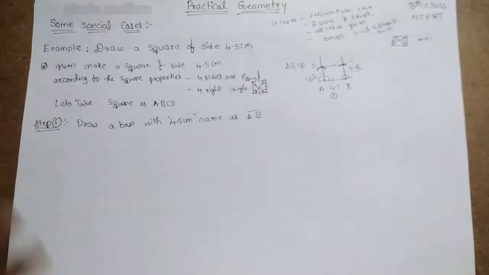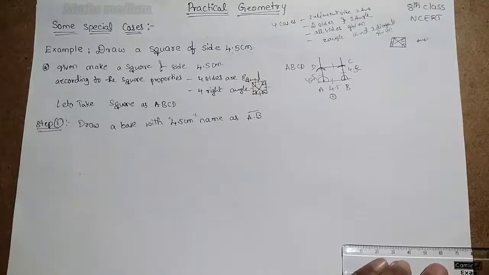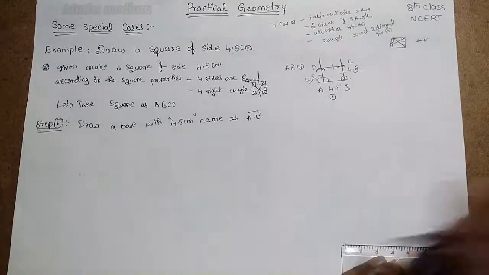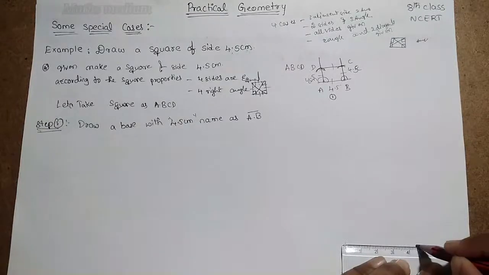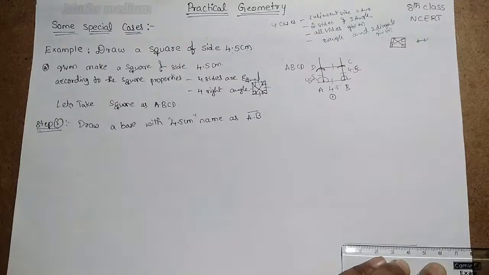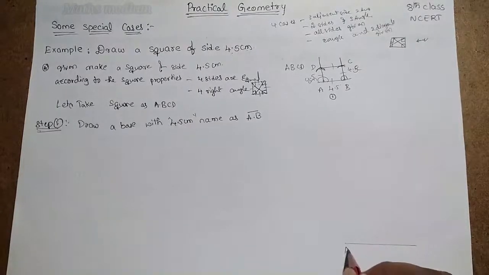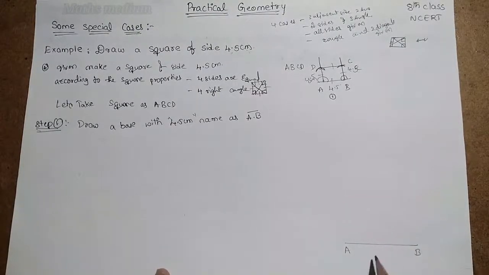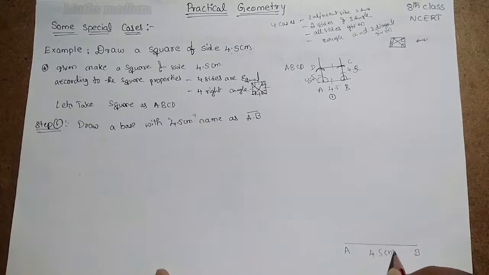So measure 4.5 centimeters. So see, 4.5. Make 2 points at 0 and another at 4.5, and let it be named as AB 4.5 centimeters.